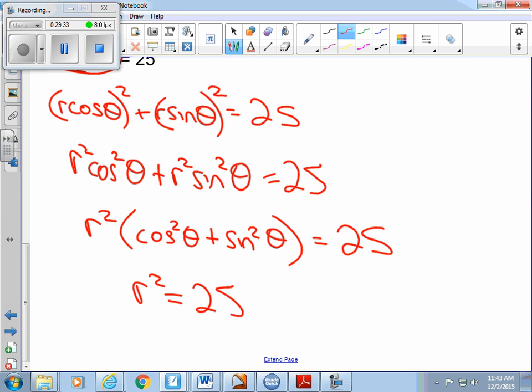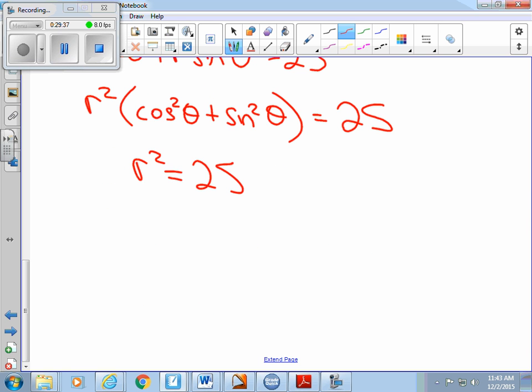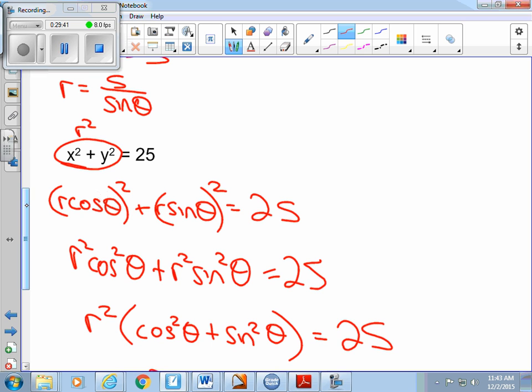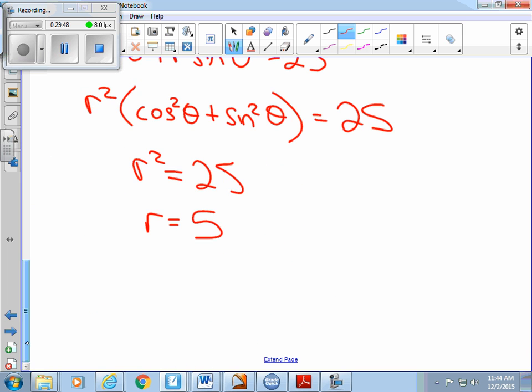Plus or minus, technically. We'll talk about that later. R is 5. Anyone from Algebra 2 remember what x squared plus y squared equals 25 gives you if you graph that? Circle. In polar coordinates, r always being 5, the radius always being 5, wouldn't that give you a circle? Radius 5.